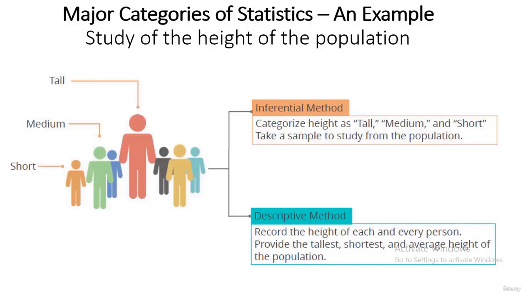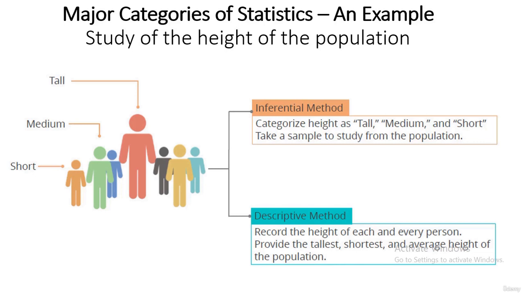So let's take an example, a study of the height of the population. The height can be short, medium and tall. In the case of the descriptive method, we record the height of each and every person. That means you are taking the height of every person in the data being provided.